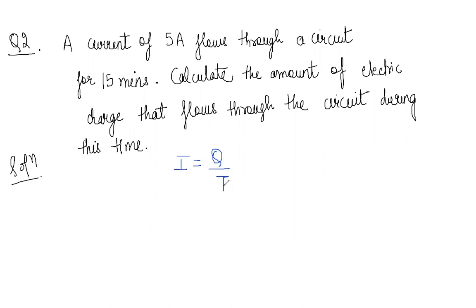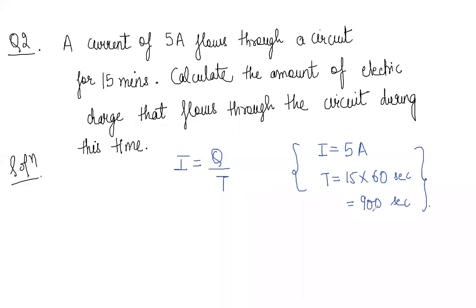The value of I given in the question is 5 ampere. The time is 15 minutes, but I have to find this time in seconds. So I will multiply 15 by 60 to convert into seconds, and it will be 900 seconds.